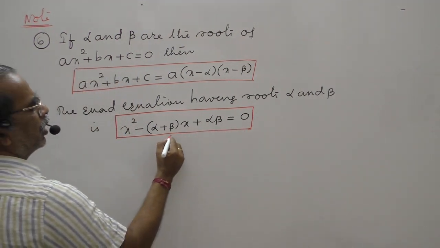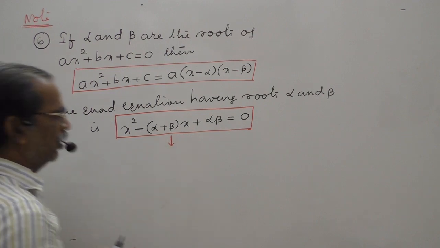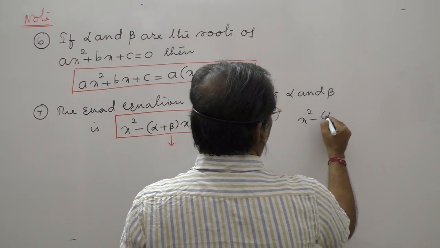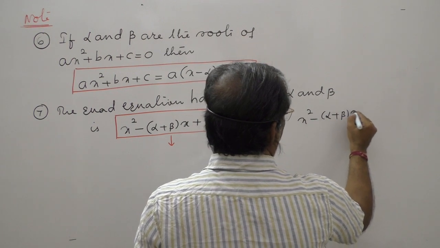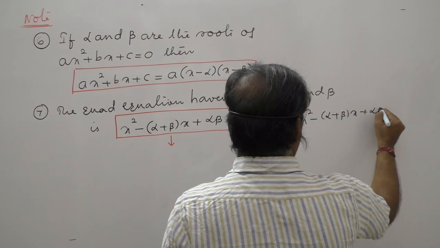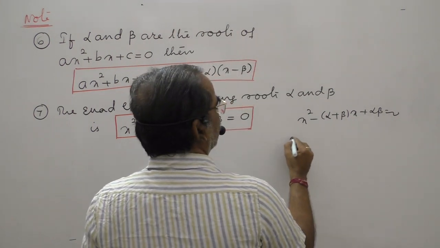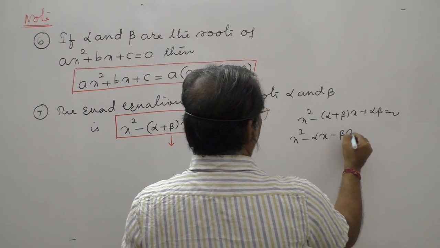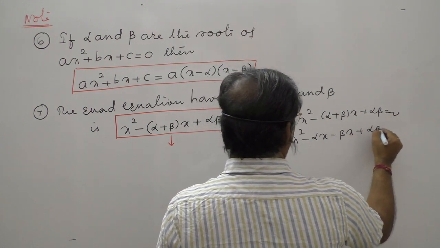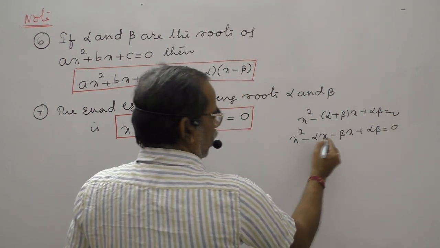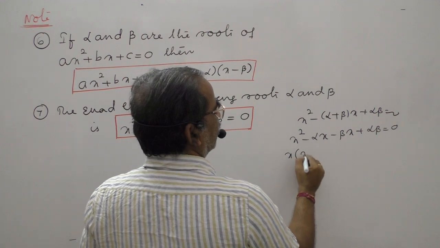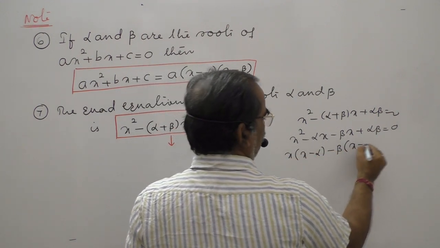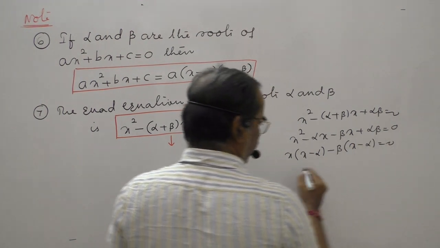This can be written like this also. See now, what I wrote here, x square minus alpha plus beta into x plus alpha beta. So I will simplify this, x square minus alpha x minus beta x plus alpha beta. I am factorizing, taking x common, x minus alpha, taking minus beta common, x minus alpha.